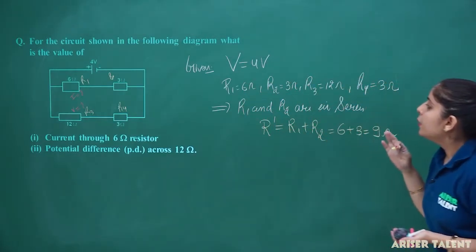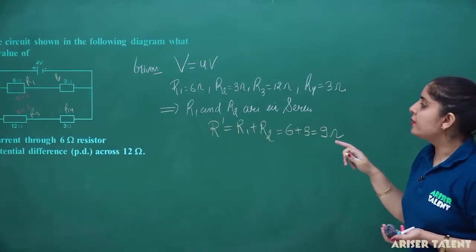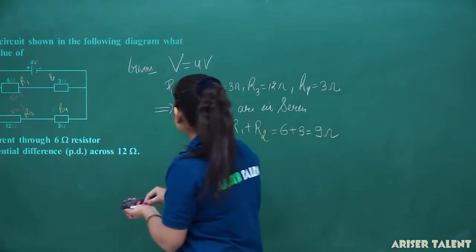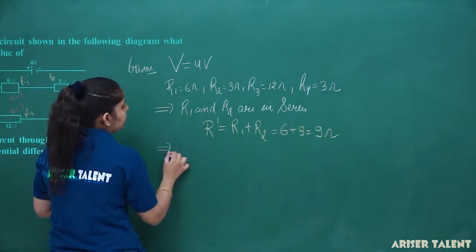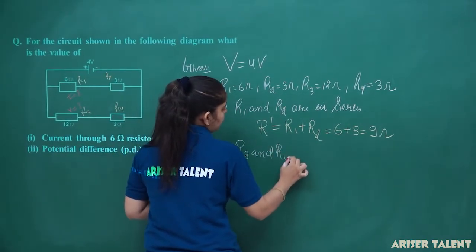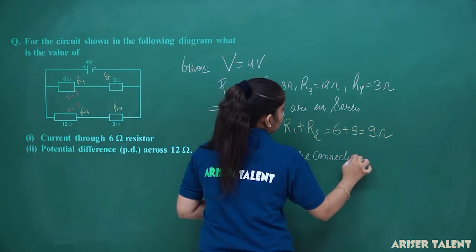Now you can see that in the second half part, again 12 ohm and 3 ohm, that is R3 and R4, they are again connected in series. So I can write that R3 and R4 are connected in series.